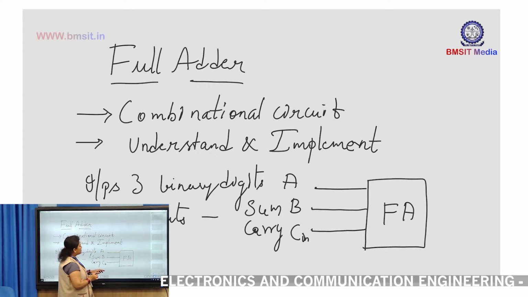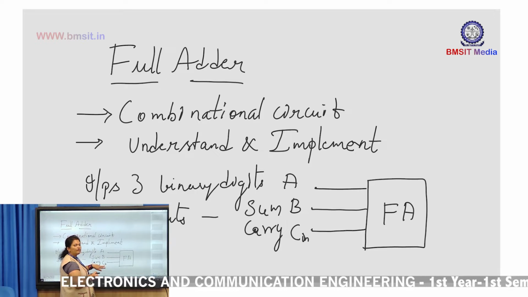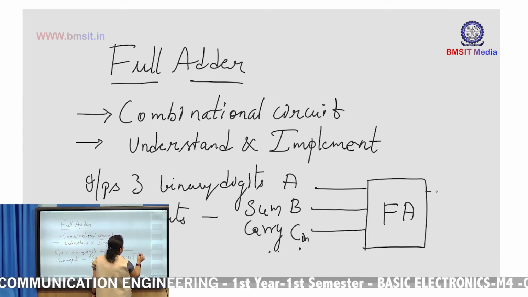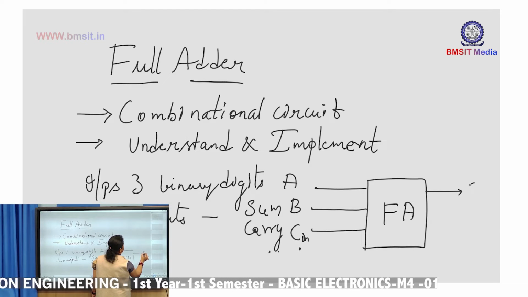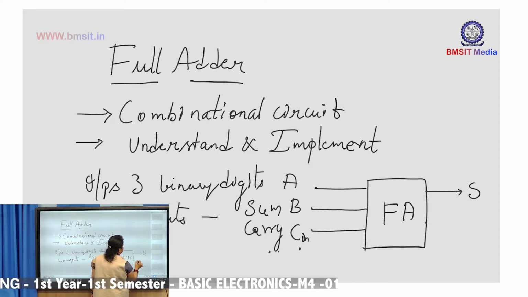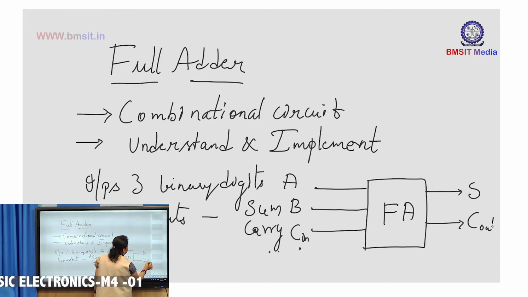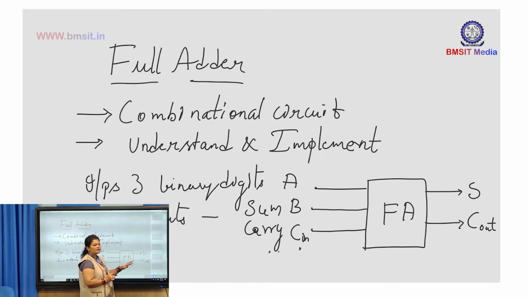C in is nothing but the carry from the previous addition. Now this is going to give two outputs. Let me call the first output S and the second output C out. Here S stands for sum and C out stands for carry out.